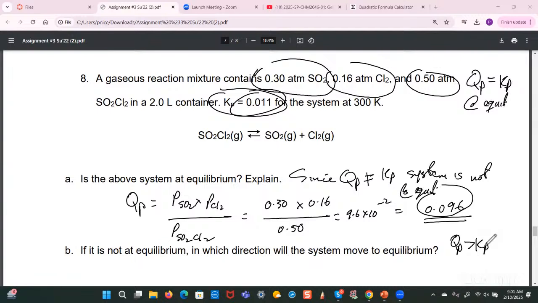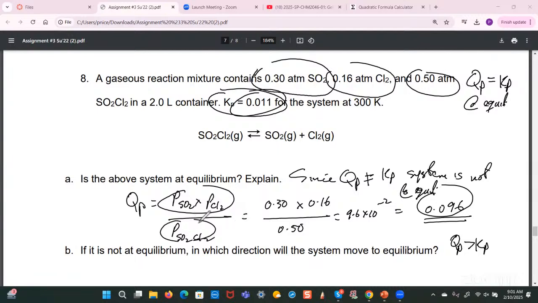To the right? Why do you say that? Remember, we want Qp to be equal to Kp in order for equilibrium to be achieved. If Qp is 0.096 and Kp is 0.011, then what must happen to the reactants or the products, or both actually?